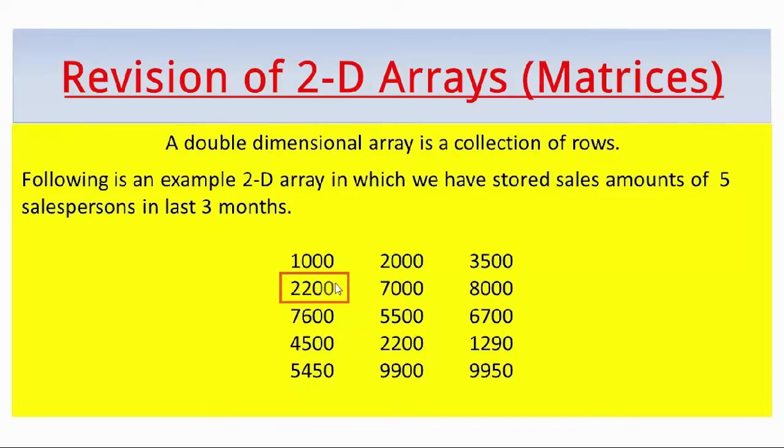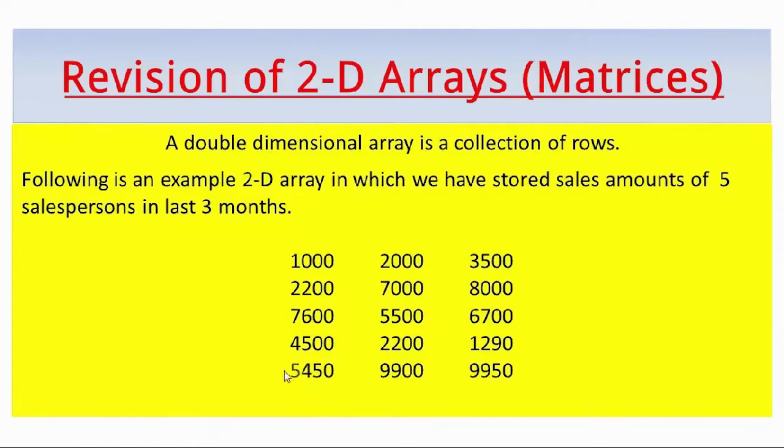Now we switch over to the next row, that is the second row. This 2200 represents the sales amount of the second salesperson in the first month, and 7000, as you might have already guessed, this is the sales amount of the second salesperson in the second month, and so on.